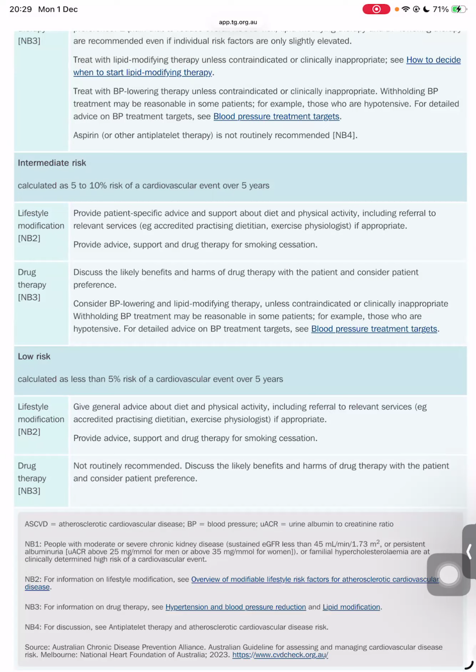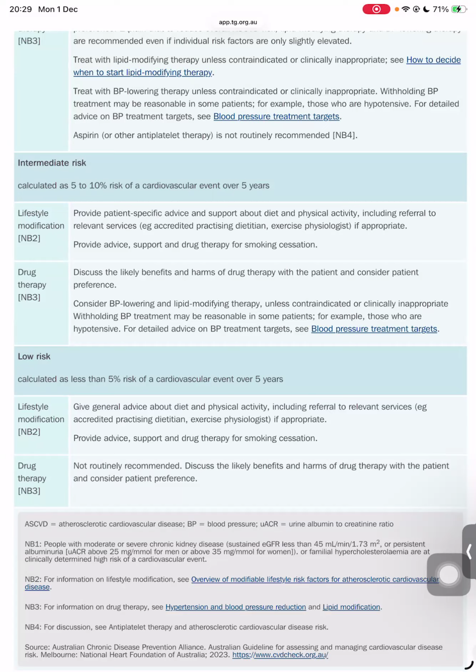I'll show the emergency part here. The yellow part: high absolute cardiovascular risk, more than 10%. We all know this is from emergency.